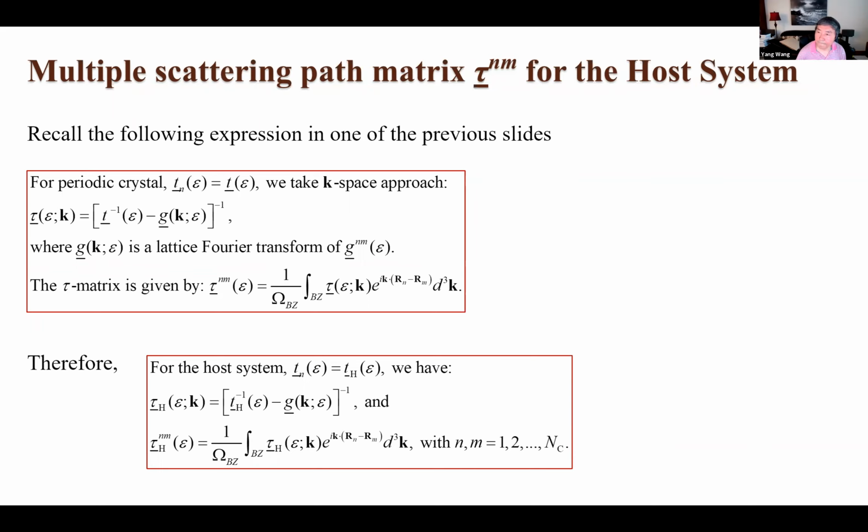When we do DCA or DMFT, the impurity problem is a site with explicit interaction terms. Understand what I mean? Your system is like, okay, I have an impurity. Basically, I take one of the atoms out of the system, for example. But that atom is represented by a potential.